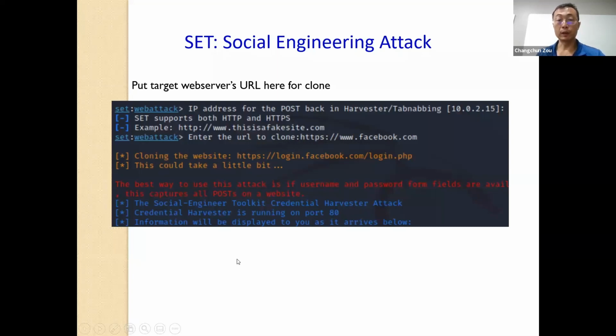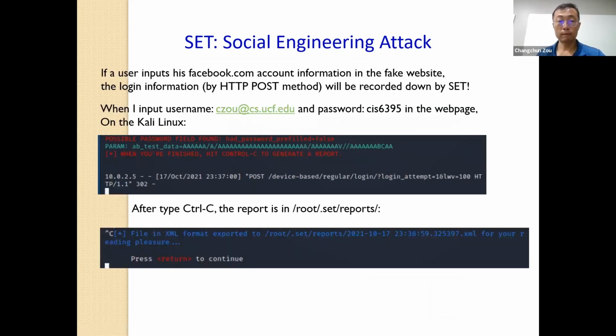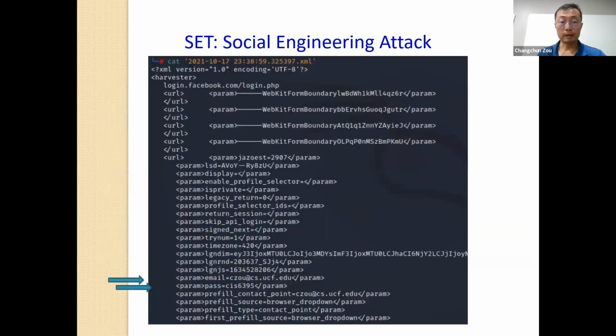Whenever a user connects, the information will be displayed, and it looks very similar to the real one. And the user account and password are recorded in this report file.